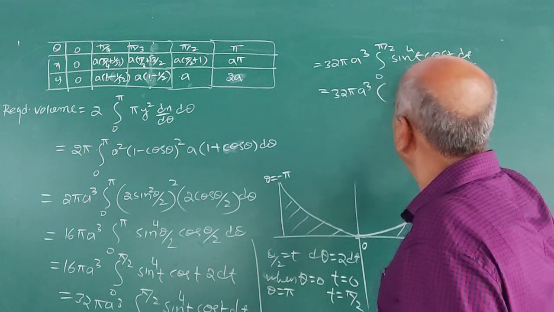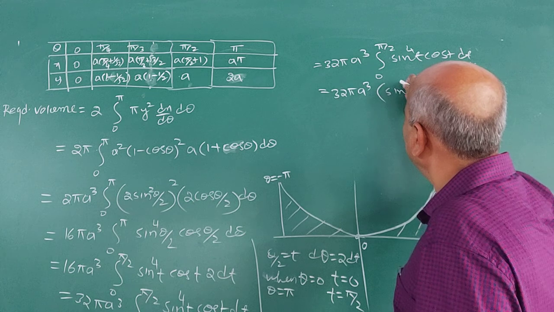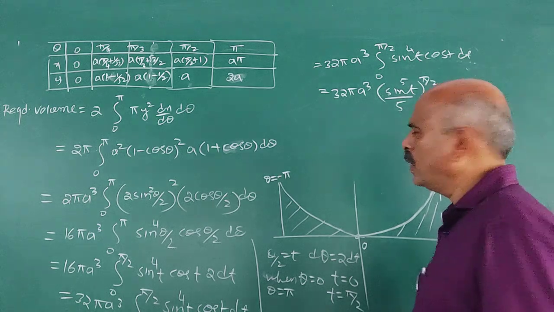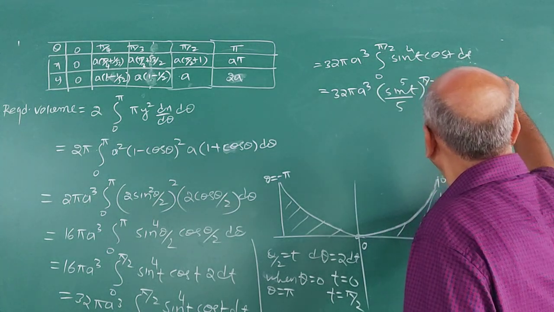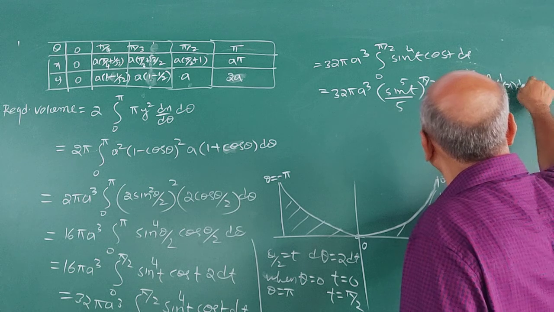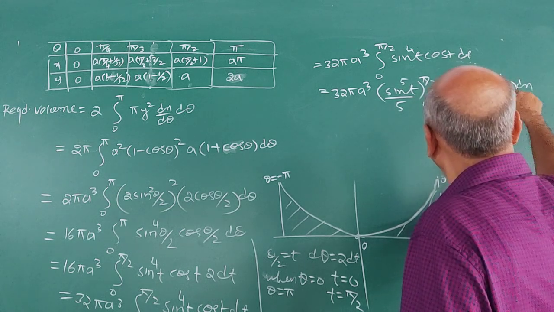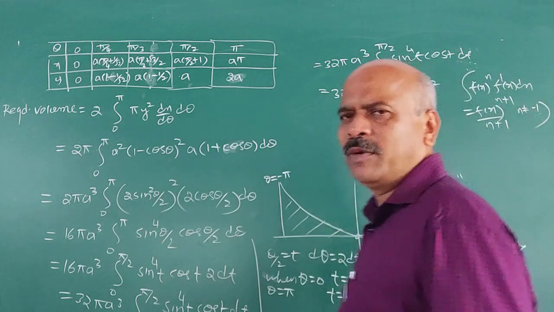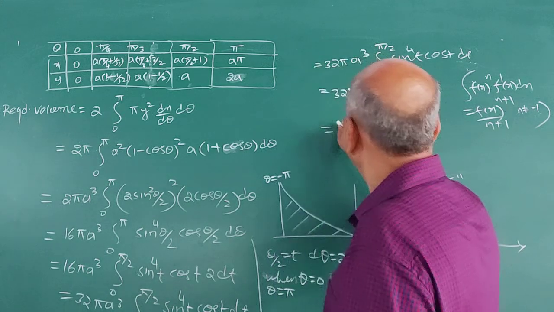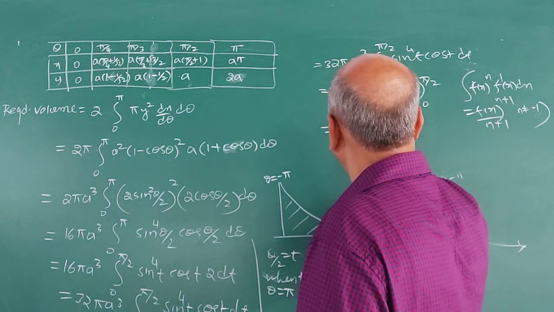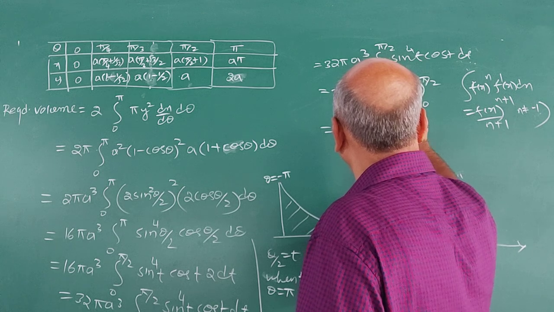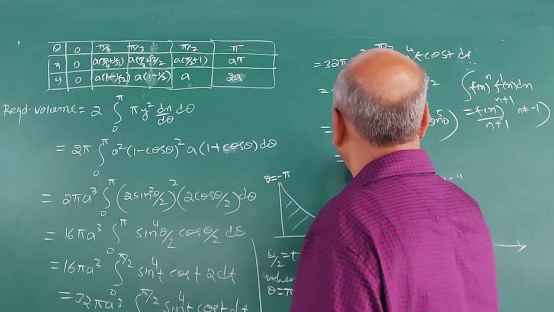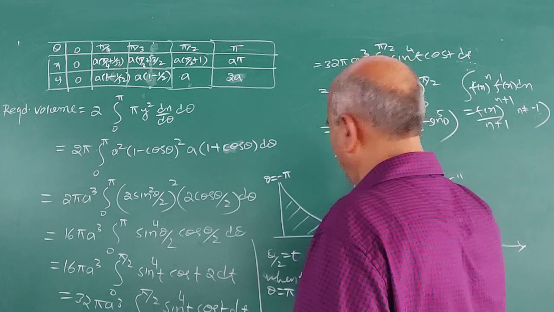It is of the form f of x raised to n into f dash x, so the integration is sin t raised to 5 upon 5, from 0 to pi by 2. The integral of f of x raised to n into f dash x is f of x raised to n plus 1 upon n plus 1, provided n is not equal to minus 1. I have used that formula. Therefore 32 by 5 pi a cube into sin pi by 2 raised to 5 minus sin 0 raised to 5. But sin pi by 2 is 1, giving 32 by 5 pi a cube.